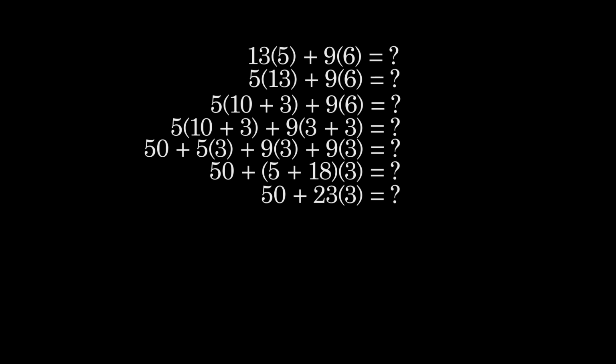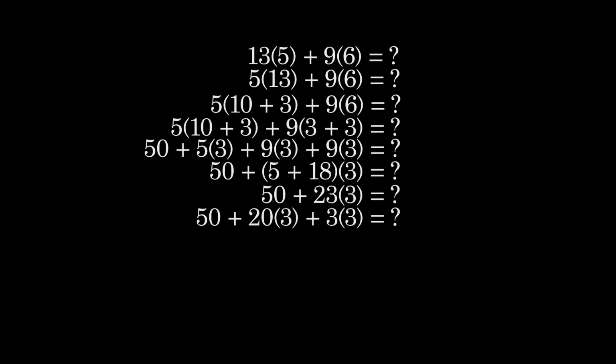So again, now we've converted this whole equation into 50 plus 23(3). Again, I don't like 23 as a number. It's too big to deal with simply in my head. But 23 is just 20 plus 3. So I can convert this once again. I keep that 50 that I already solved, and now I have 20(3) plus 3(3).